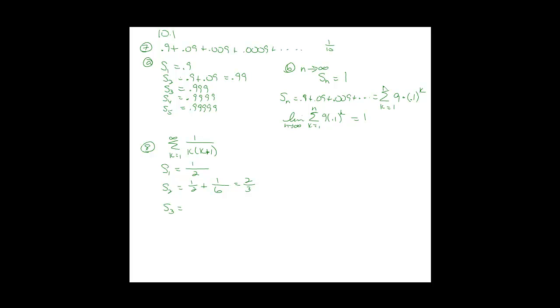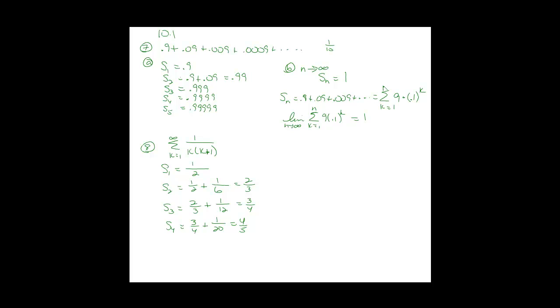The sum of the first 3, I would take the 2/3 and add the third term to it, which would be 1 over 3 times 4, which is 12. And that gives me 3/4. If I sum up the 4 terms, I start with 3/4 and I add to it, stick in 4. 1 over 4 times 5 is 20. That gives me 4/5. If I look at these partial sums, it appears to me that this is approaching 1.